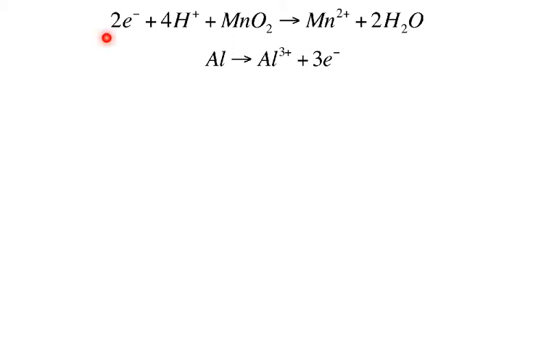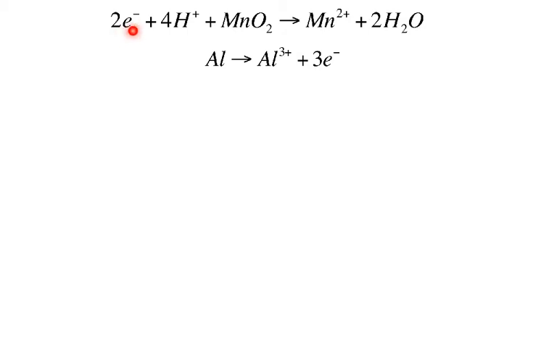The number of electrons on the reactant side of the reduction half reaction has to be the same as the number of electrons on the product side in the oxidation half reaction. So in order to do that, I'm going to have to multiply the whole half reactions by some constant so that the electrons are going to cancel out.